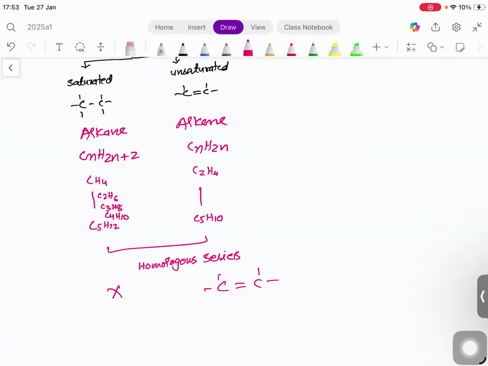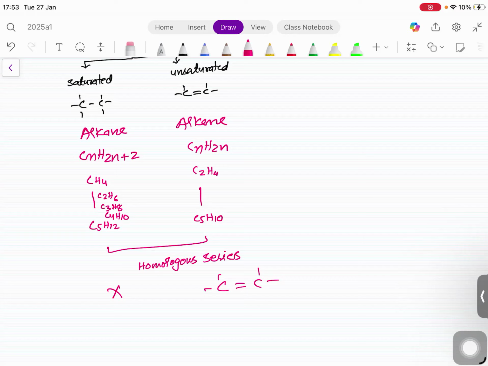And one thing which we learned in the end is the unique phenomenon of isomerism: one organic compound with one molecular formula having different structures is a different compound, and they are known as structural isomers.